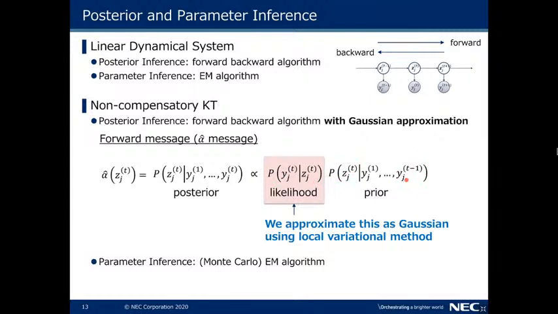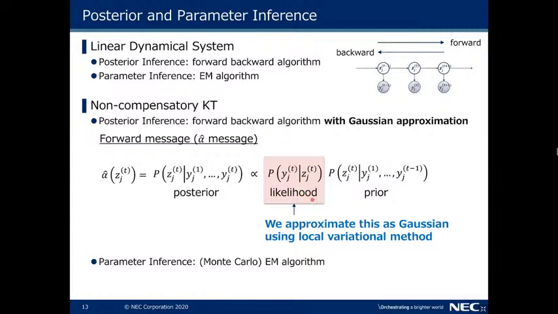In the linear dynamical system case, the emission probability is Gaussian, and the prior is also Gaussian, so the posterior is Gaussian. We can obtain an exact posterior as an analytical solution.